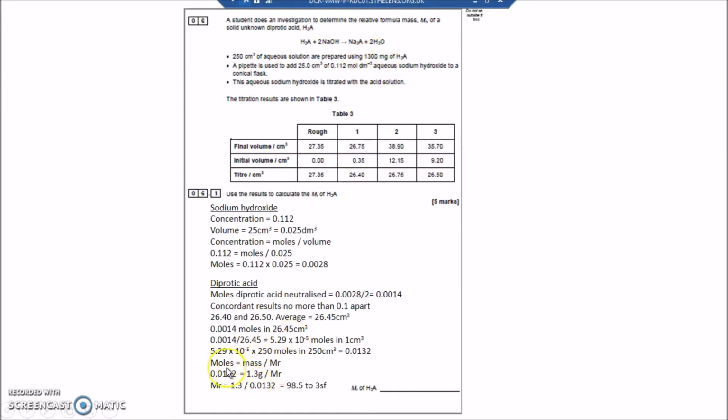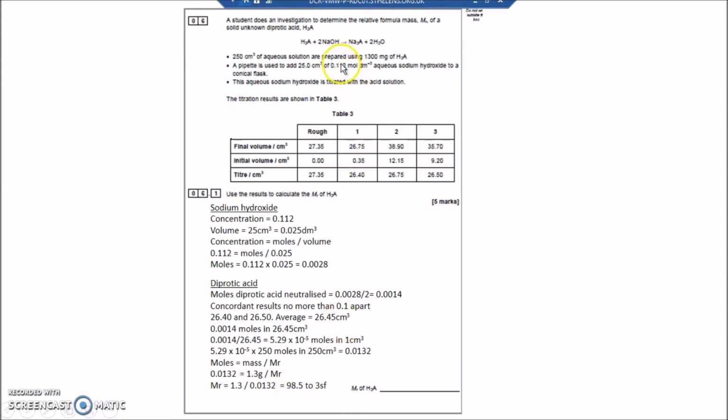So moles is mass divided by MR. Moles 0.0132 is the number of moles in this 250 centimetre cubed. There's 1.3 grams in this 250 centimetre cubed, divided by MR. So rearrange: 1.3 divided by 0.0132 is 98.5.